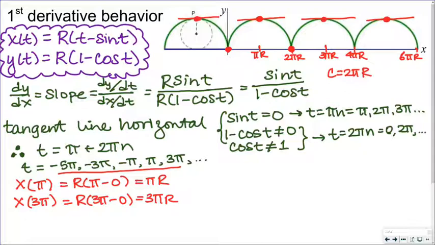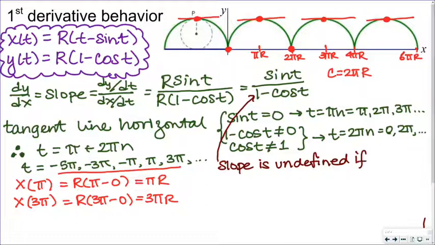And then I'll also go ahead and just confirm when the slope is undefined, okay? We already found the values when, let's go back up here, when cosine t equals 1, and we found those to be even multiples of pi.